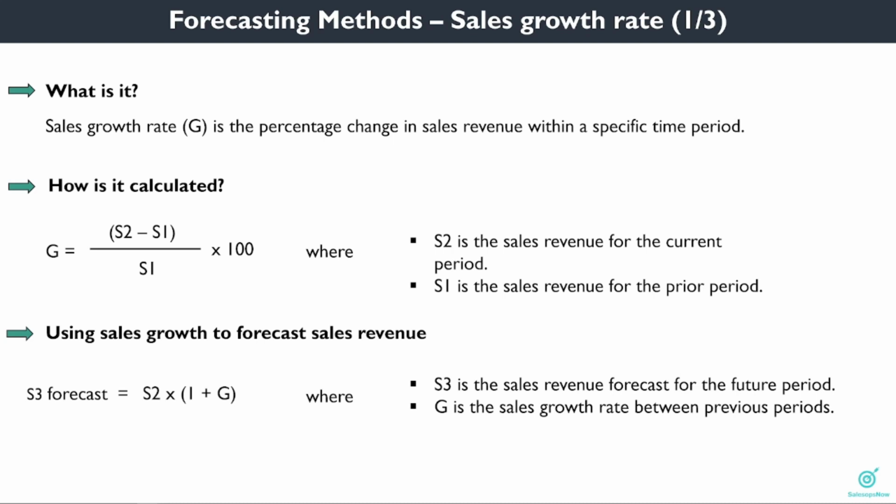Sales revenue at time period 2 multiplied by 1 plus sales growth rate, where S3 is the sales revenue forecast for the future period. By that we mean the period that we are trying to forecast revenue for. G is the sales growth rate between previous periods.